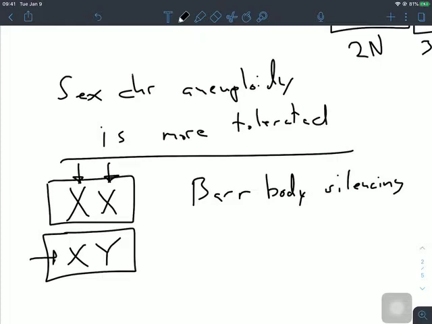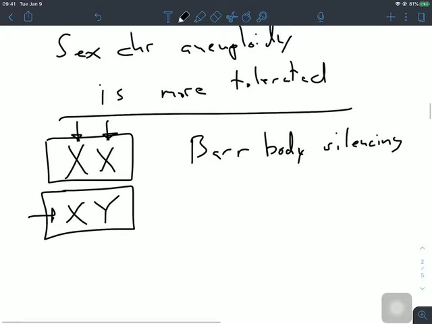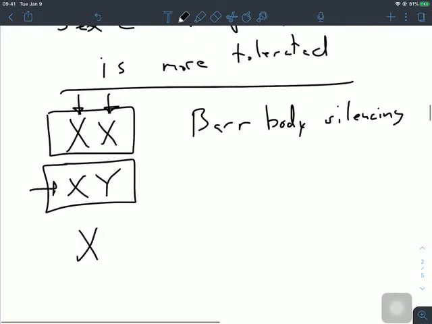This bar body silencing is something that's common across many different animals because animals are quite non-tolerant of ploidy variation. And it also allows animals to tolerate aneuploidy in terms of overall sex chromosome count. For example, an individual that has a single X chromosome and no second chromosome would still develop as a female.